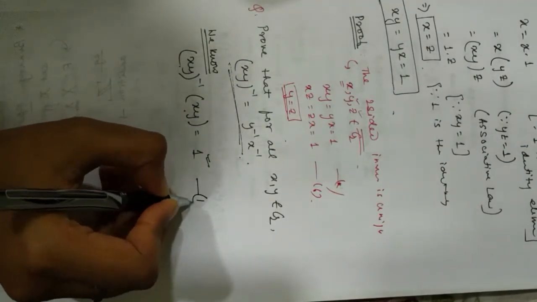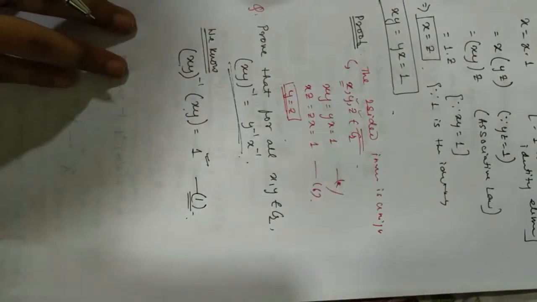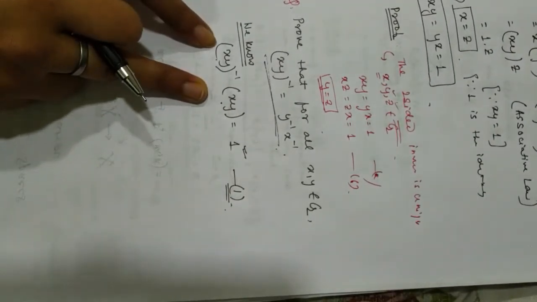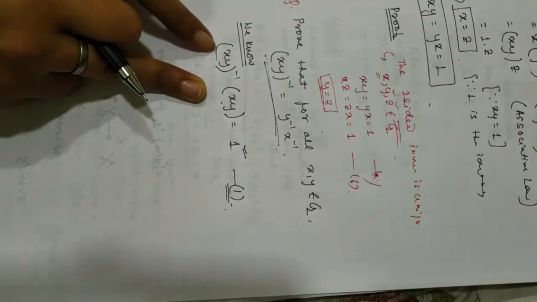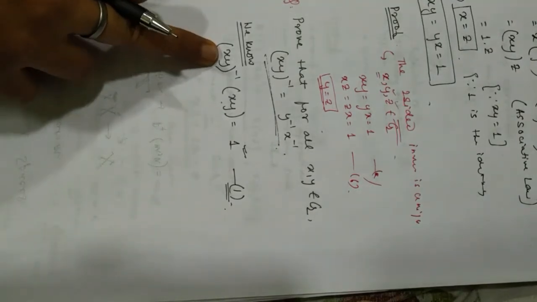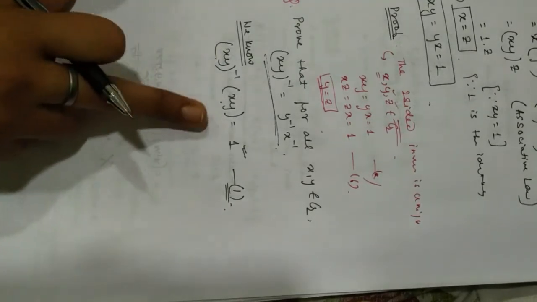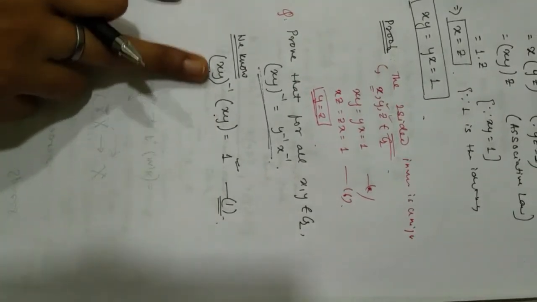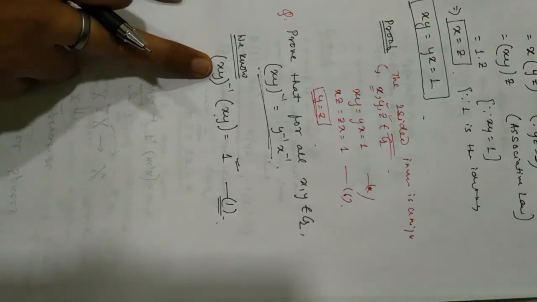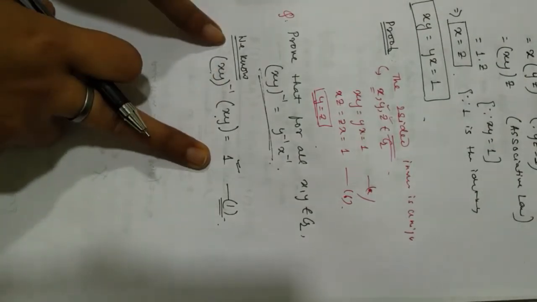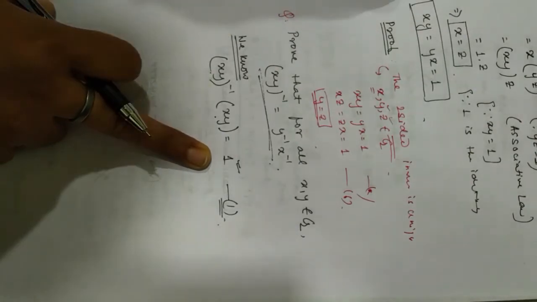So this is known, right? You can understand this because the group axiom tells that the inverse under the binary operation with the element gives me the identity. So if xy is the element, then (xy) inverse is the inverse of xy, and performing the binary operation we can get 1. So we know this from the axioms, right?